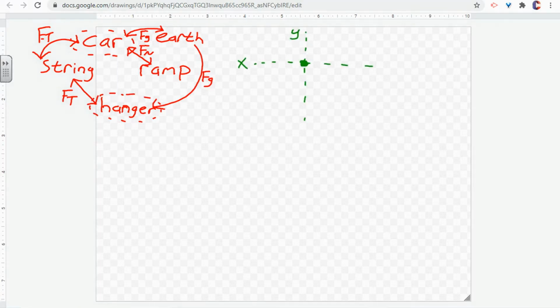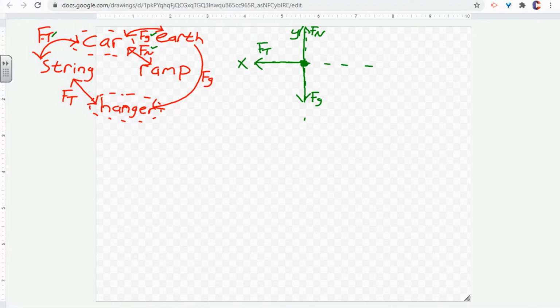And we have three forces that are acting on it. We have the tension force, we have the gravitational force, and we have the normal force. So we know that the normal force points up and the gravitational force points down. And from the video, you can see that the tension is pulling to the left.